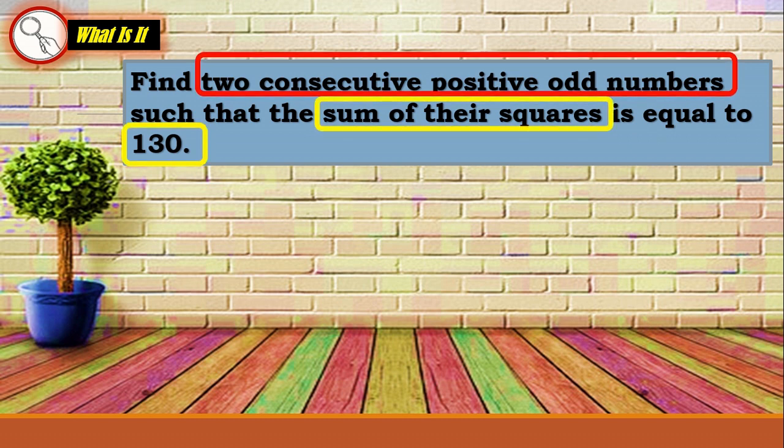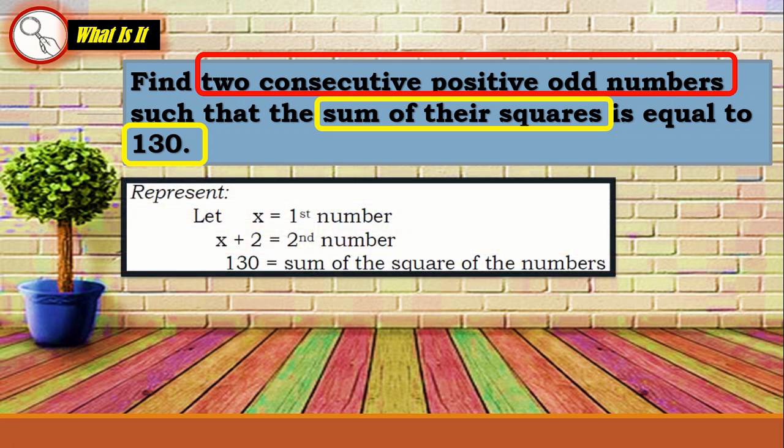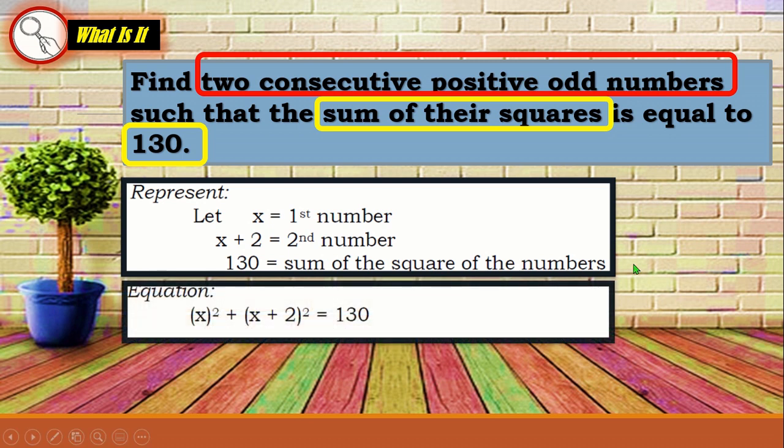Now we know that the sum of their squares is equal to 130. This time, let's represent our first number as x and our second number as x plus 2. Remember, the difference between two consecutive positive odd numbers is 2.